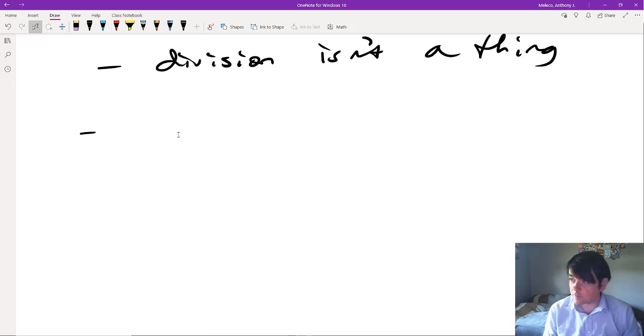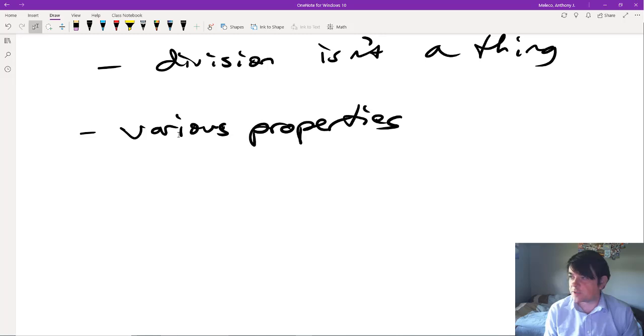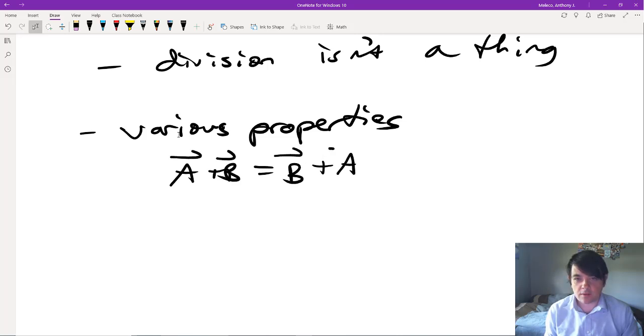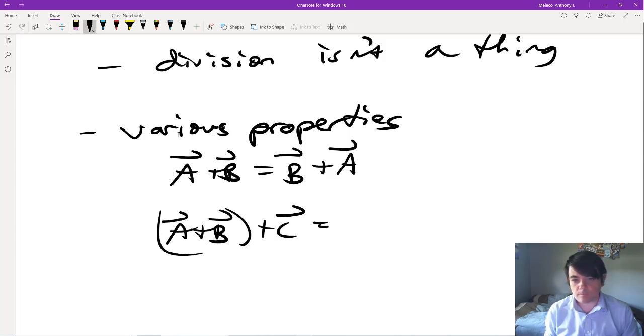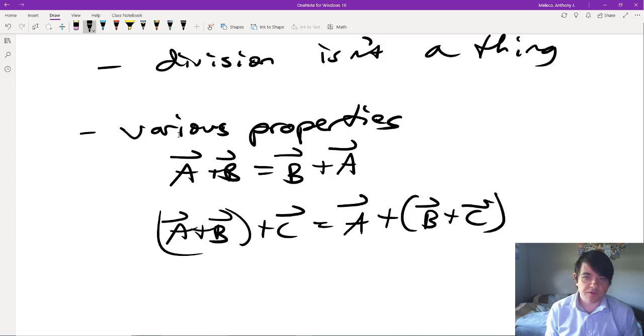Again, the various properties: as I was saying, you can add them in any order. So a plus b vector equals b plus a. You can add them in any order you want. You can also group them and you'll get the same thing. So these are the commutative and associative properties.